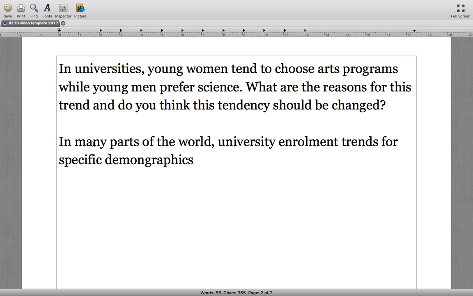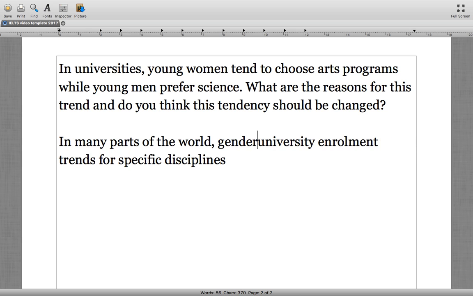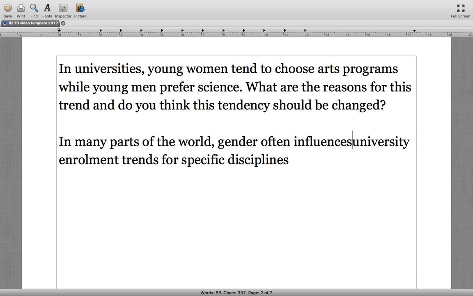Let me change this. It's kind of a hard thing to word, isn't it? Let's word it like this. In many parts of the world, gender often influences university enrollment trends for specific disciplines.